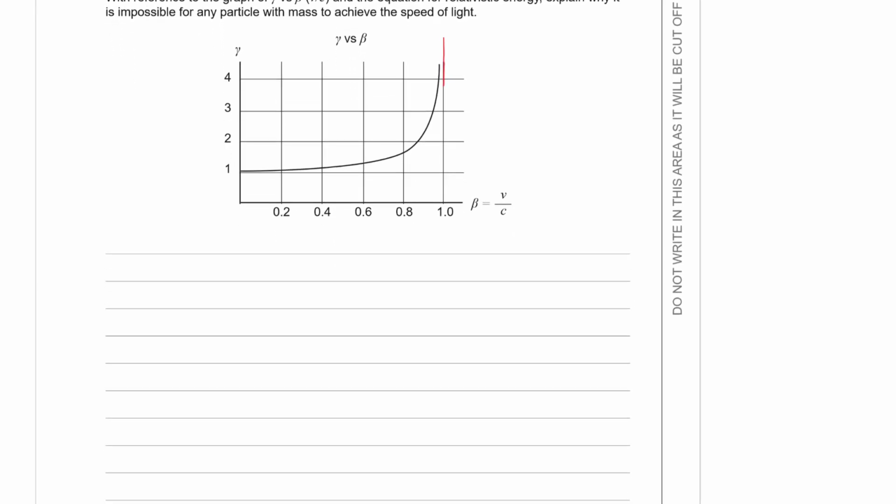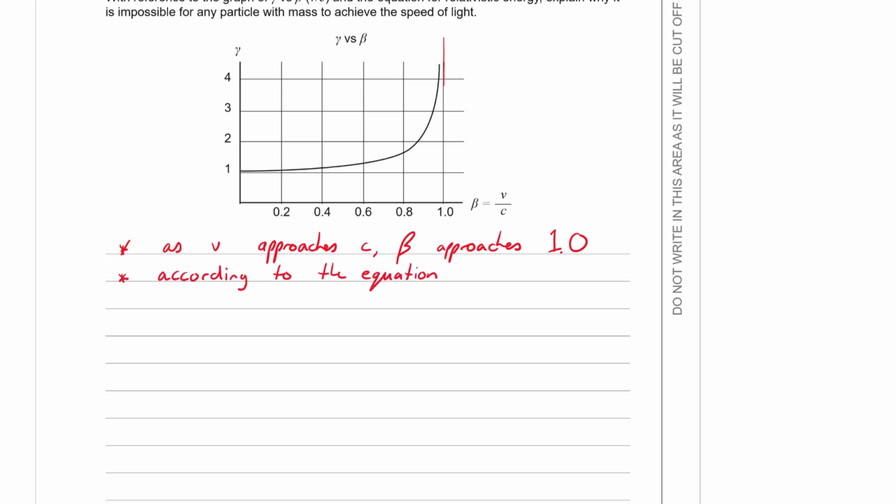So I would explain it first by talking about, as you'd expect, as v approaches c, the beta factor approaches 1, or 1.0 is what I've written. And according to the equation, as beta approaches 1, then the gamma factor, so we're still looking at the graph, approaches infinity.